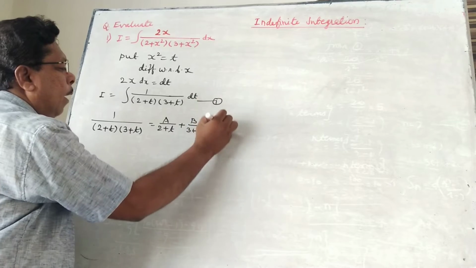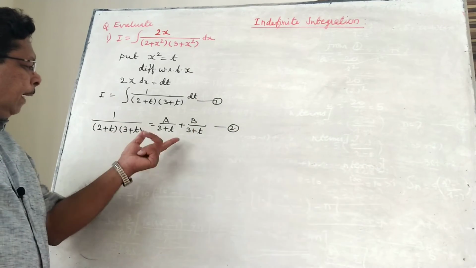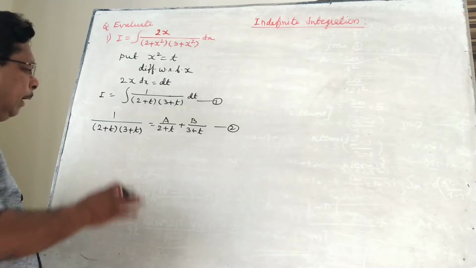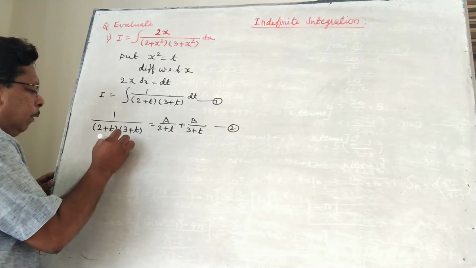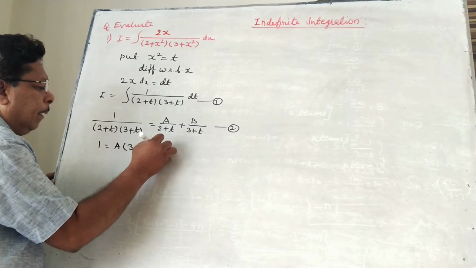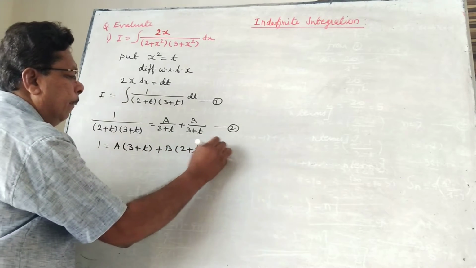Say this equation 1, this equation 2. Now take LCM, cross multiply and remove the denominator on both sides. So 1 is equal to a into (3 plus t) plus b into (2 plus t).